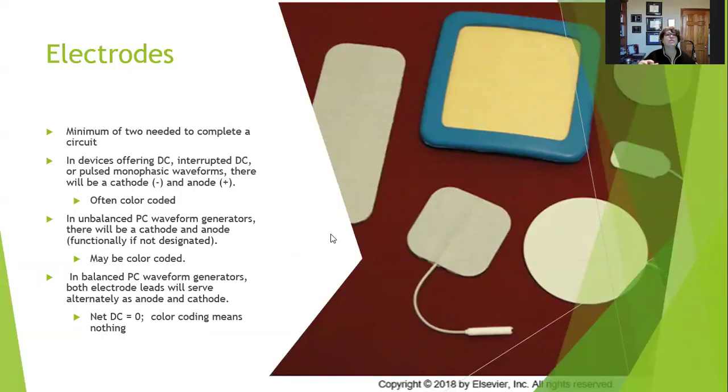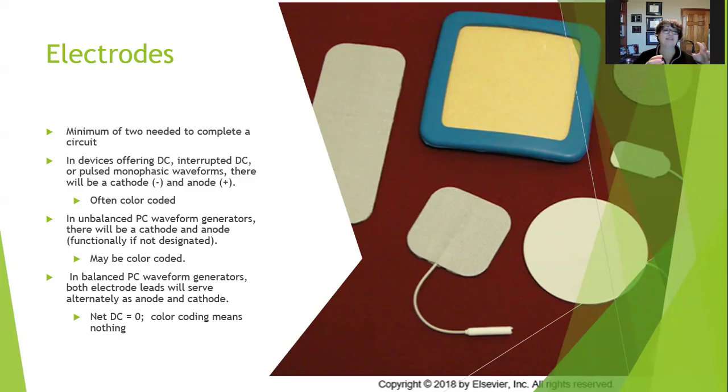So a minimum of two electrodes is needed to complete a circuit. In devices that do direct current, there will be a positive and a negative electrode, and they're often color coded. In unbalanced pulse current waveform generators, there'll be a cathode and an anode, or positive and negative, functionally, and they might be color coded, but it doesn't matter because there's no net charge.